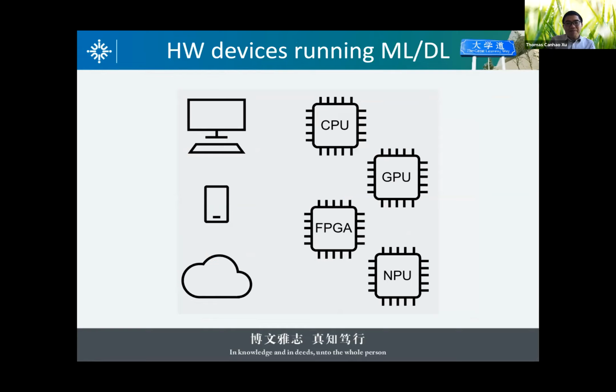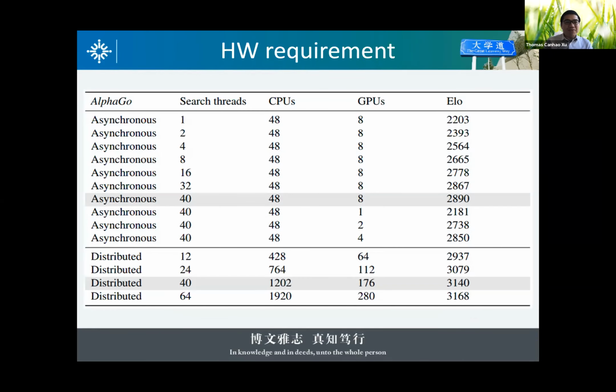So for example, in the case of AlphaGo, we have a huge hardware requirement.